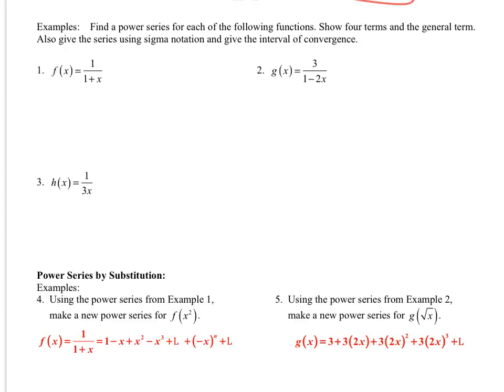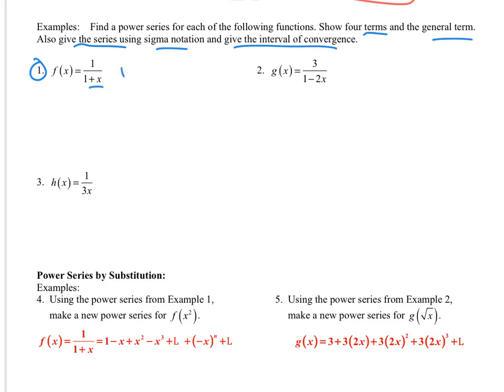So here are some examples. Number 1 says, I give you this power series. Show 4 terms and the general term, also give the series using sigma notation, and then give the interval of convergence. Now this seems to fit our geometric series pattern, but remember that it's 1 minus x.